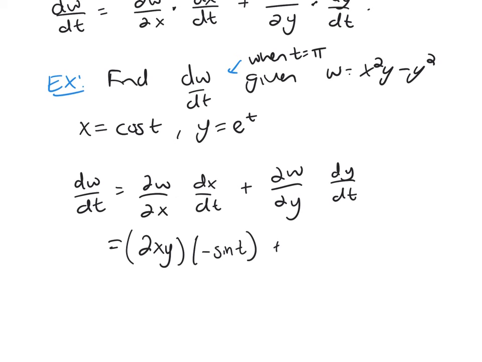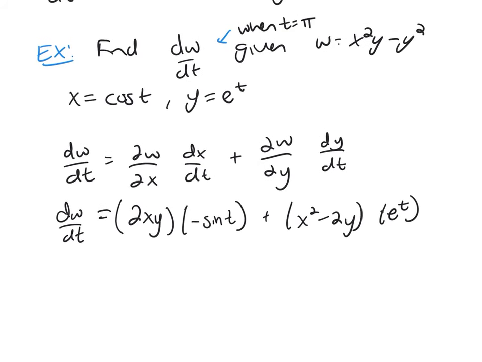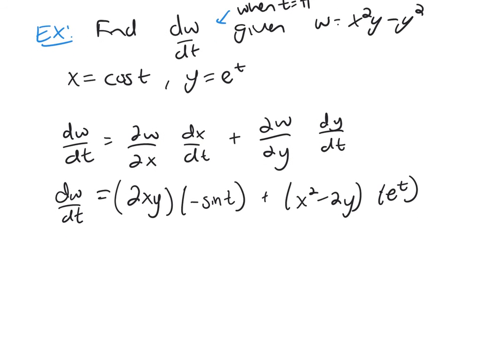The partial derivative of w with respect to y will be x squared minus 2y, and then the derivative of y with respect to t is e to the t. Now we want to find dw dt when t is pi. So you probably should find what x and y correspond to. What are their values when t is pi?